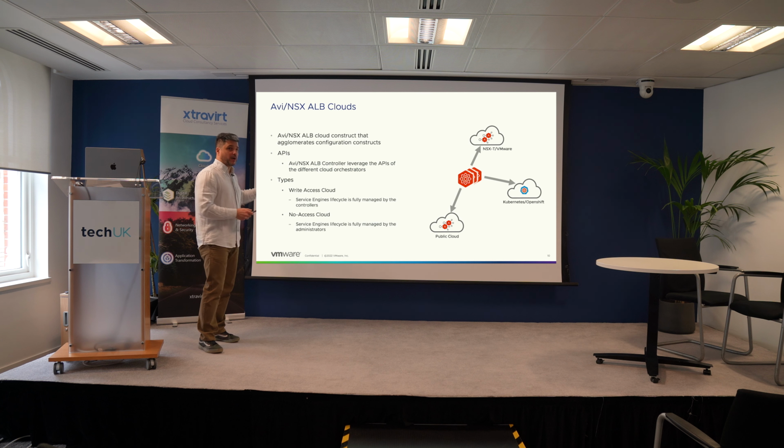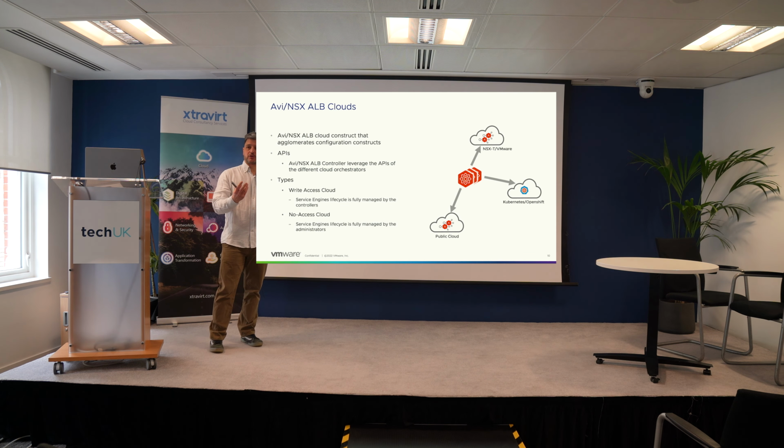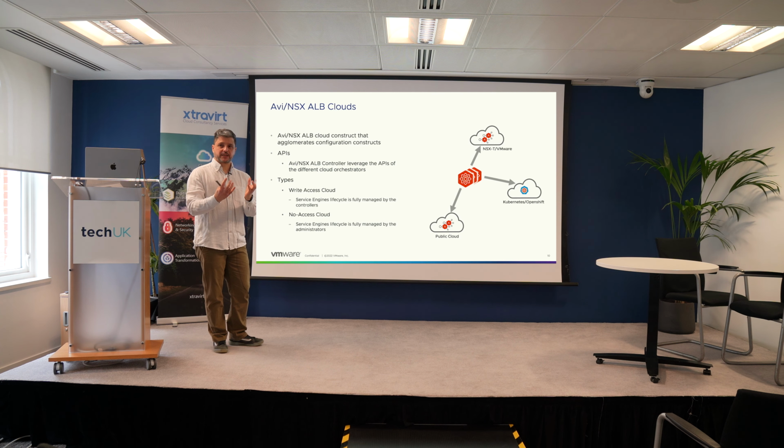And then you have the no-access cloud. The no-access cloud is for the cases where you don't have control of your infrastructure, or when you don't have control of the orchestrator that takes care of the service engines.